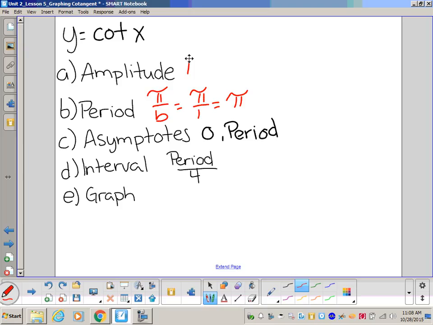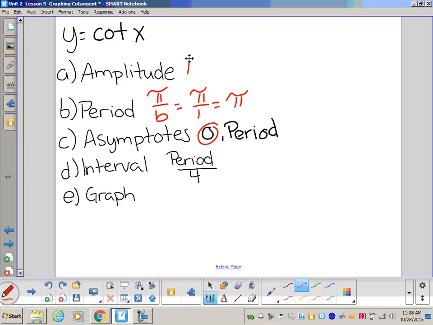So for tangent, we had plus or minus period over 2 to find the asymptotes. Here, because we're not going to be shifting cotangent, our first asymptote's always going to be the y-axis. So the first asymptote is at 0, and the second one is at the period.